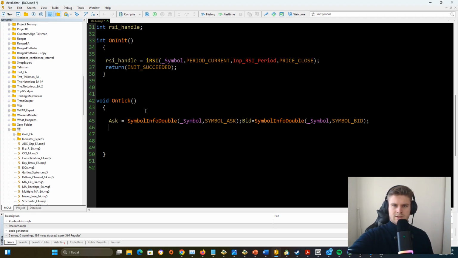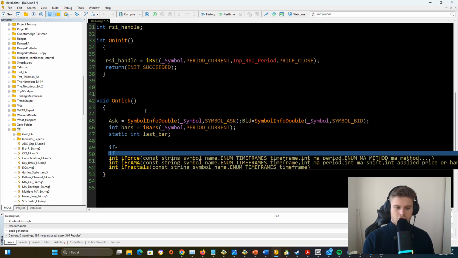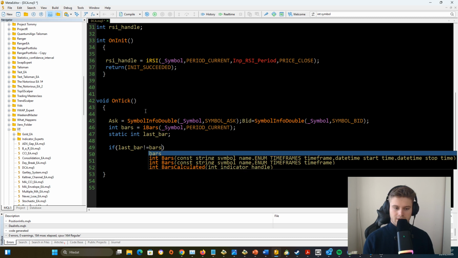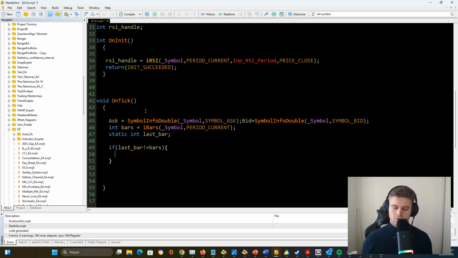Then what I need to do next is that I need to get the number of bars, which will be equal to iBars, symbol, period current, and static integer last bar. So now I check, so if last bar is not equal to bars, meaning we are working with a new bar, so a new bar appeared on our chart.